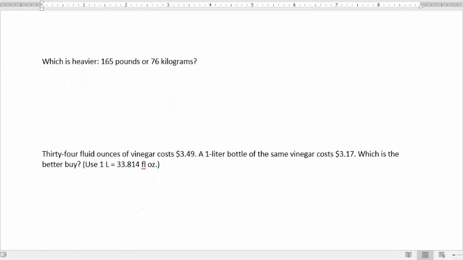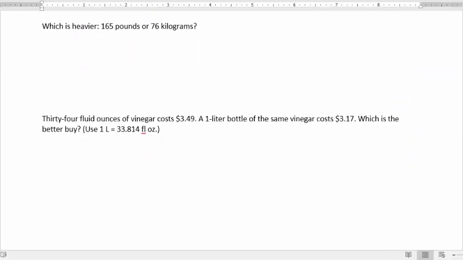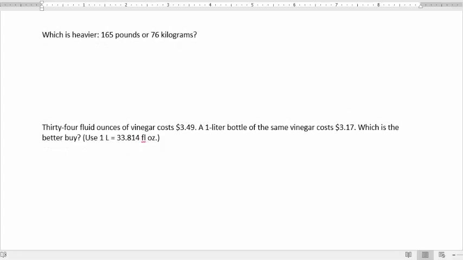And then the other kind of thing that you can do here is with pounds and kilograms. So we just did one before with pounds and kilograms. Which is heavier, 165 pounds or 76 kilograms? You don't have to convert both. You just convert one to the other and then just compare. So let's say we want to convert pounds to kilograms. We would do 165 pounds over 1, and then we'd use our conversion from the previous page, which is that 2.2 pounds was 1 kilogram.